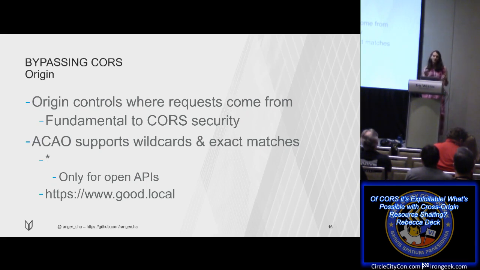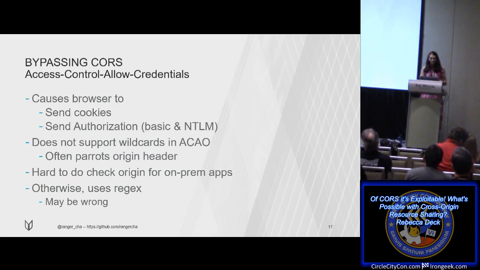So it might have a wildcard like star. Wildcards like star.good.local don't work, so you can't use them. That'll cause CORS errors to show up in your application. The only other thing you can do is reply back with the exact domain that's making the request, and that's the only way it'll be matched and allow things to continue moving.